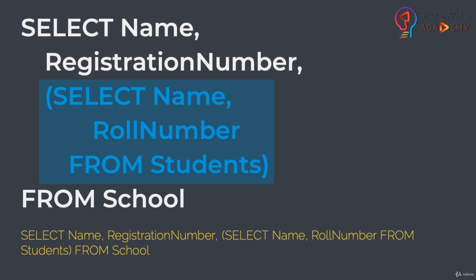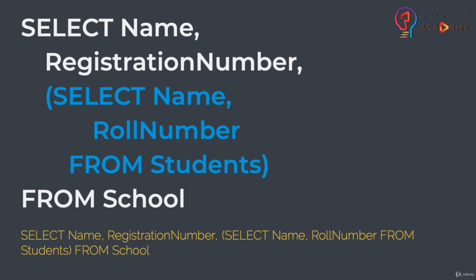So this query is going to return the school names and their multiple student records as well. Let's say you have 10 different schools and each school has 1000 students. Then you will get 10 records from the parent query, and these 10 records are related to 1000 records in each of those. You will understand it better when we try it in the developer console.